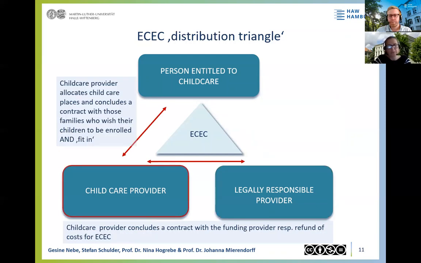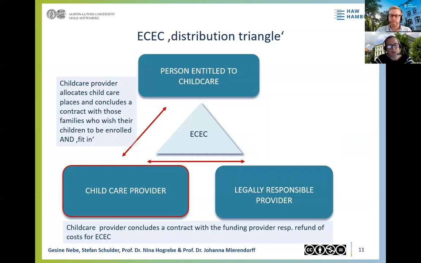Childcare providers supply childcare spots and hence give childcare places to families demanding childcare with them. They do so by concluding a legal contract and officially enrolling children. With the legally responsible provider, childcare providers also conclude contracts regarding quality, quantity, and costs for childcare provision.